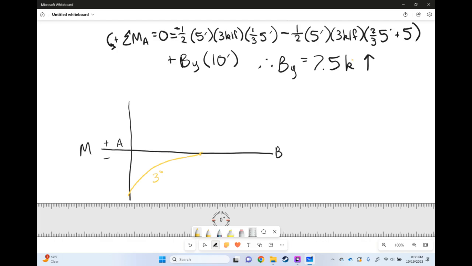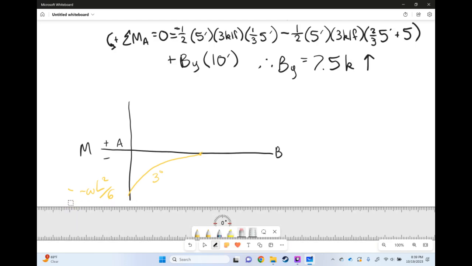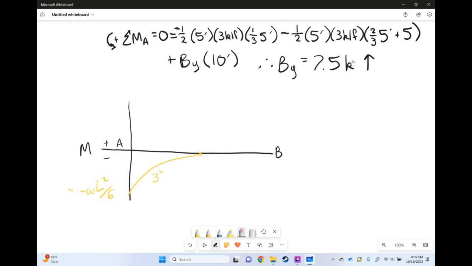So that's a 3rd degree, and of course this is going to be negative WL squared over 6. W being 3 kips per linear foot, L being 5 feet squared, divided by 6, we are going to get a negative 12.5.